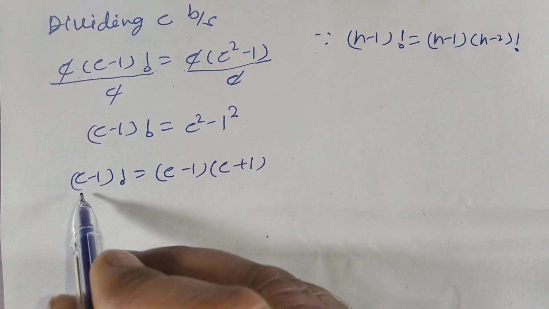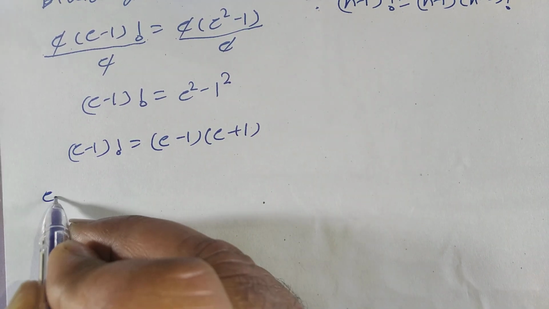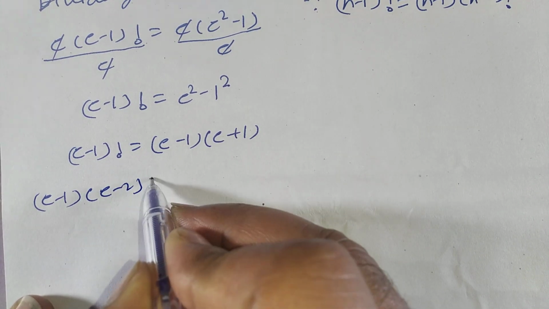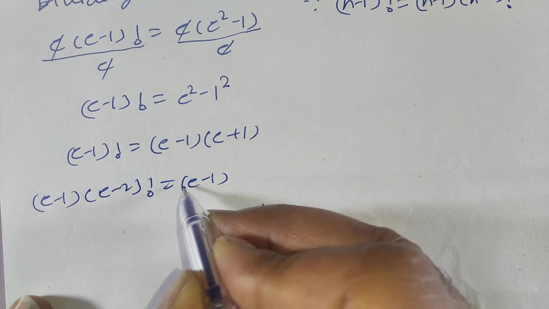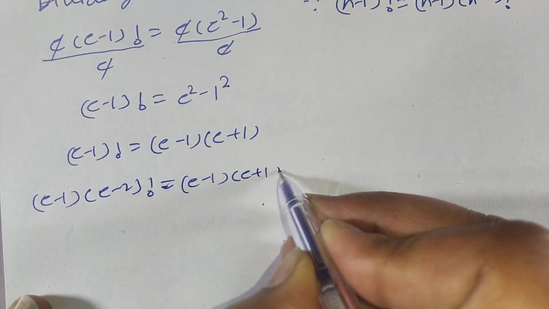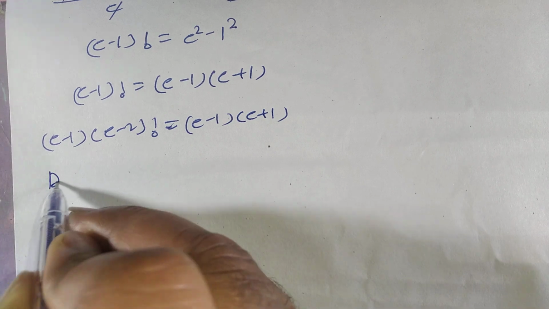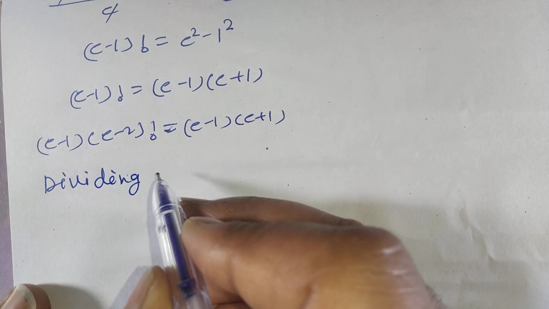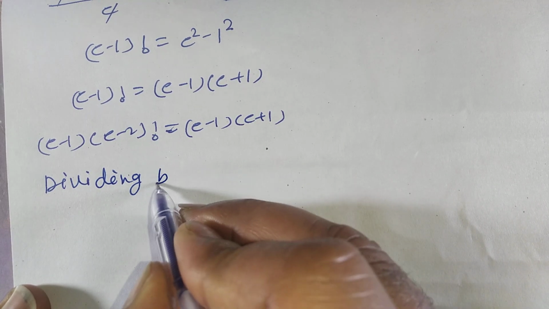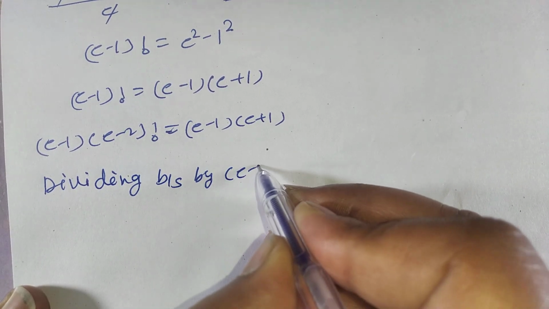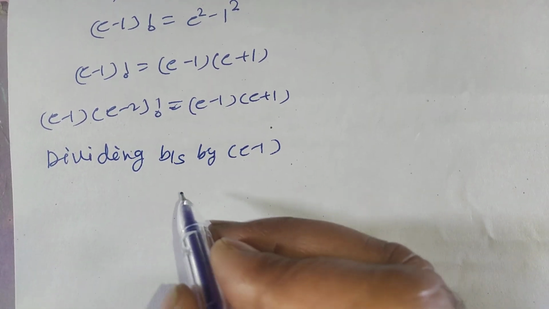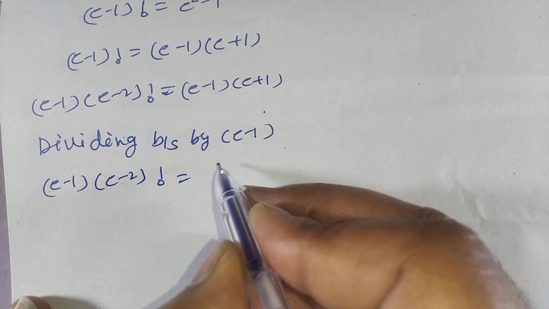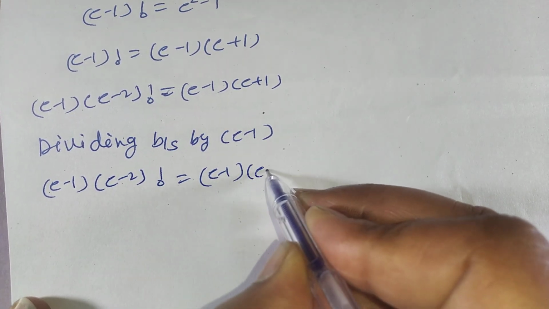Applying this law here on the left side, c minus 1 into factorial c minus 2 is equal to c minus 1 into c plus 1.